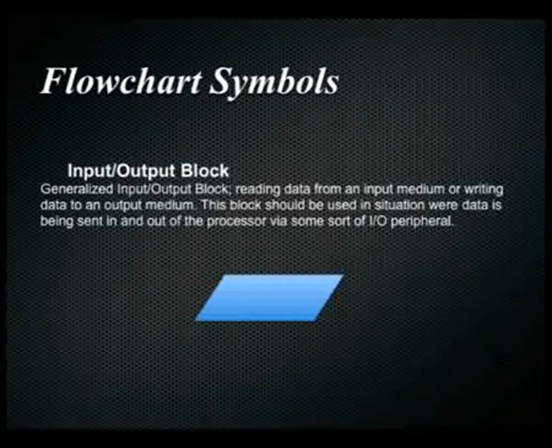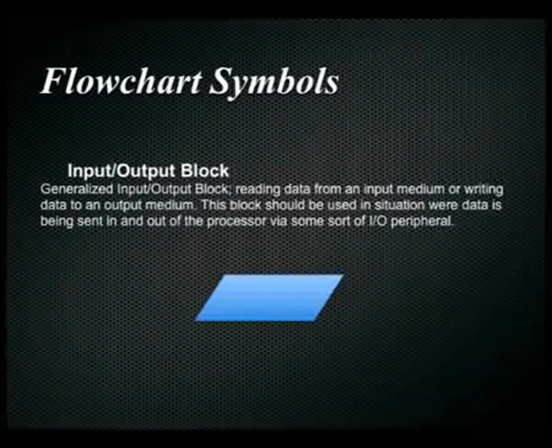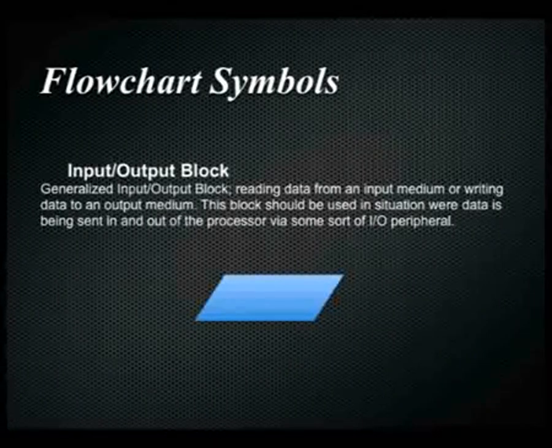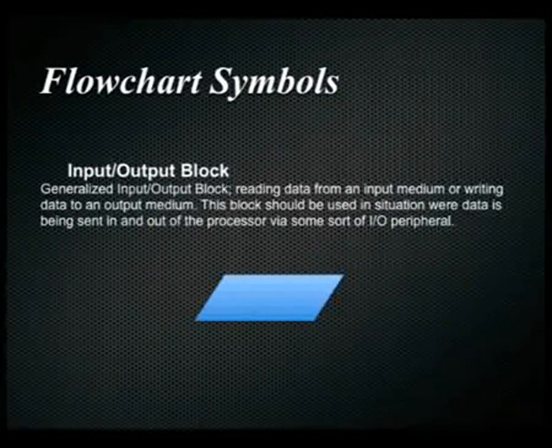So any sort of flow of information that comes in and out of the processor. This may be information moving to an analog to digital converter, or coming from a general purpose I/O port, or coming from the serial port, so using getchar, or when we're writing data back to the serial port, we can do a putchar. These are the blocks that we might use for input and output.